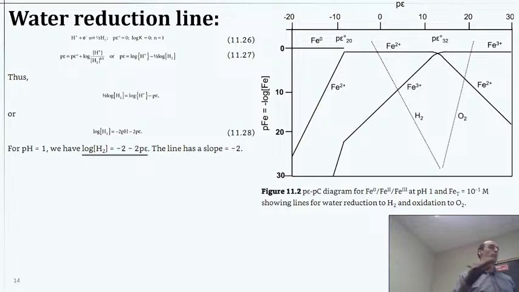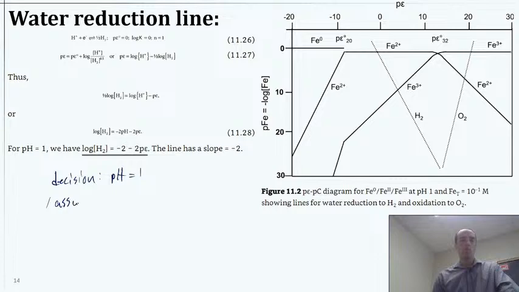What we'll see from the PE-pH diagrams is we'll have similar lines, but they're defined because we are crossing pH versus PE. So the decision or assumption was that pH equals 1, let's say. So the book is making that assumption. So then we can track this with a minus 2 slope here.